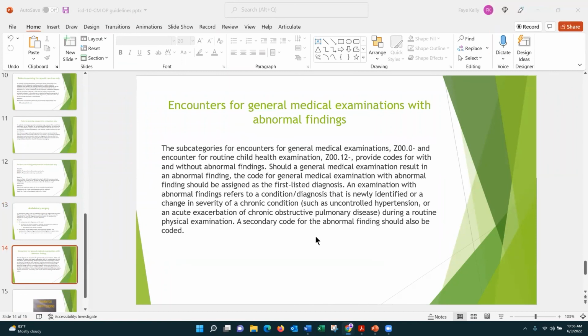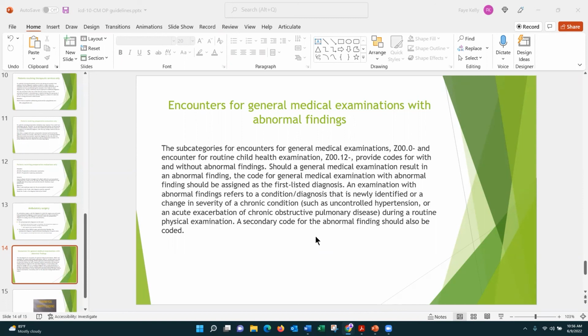The last one that's in the guidelines is the subcategories for general medical exams. Those are in your Z00 categories. If that medical exam results in an abnormal finding, then the code for the medical exam with abnormal finding is listed first.